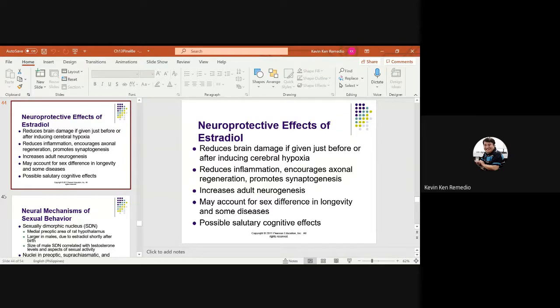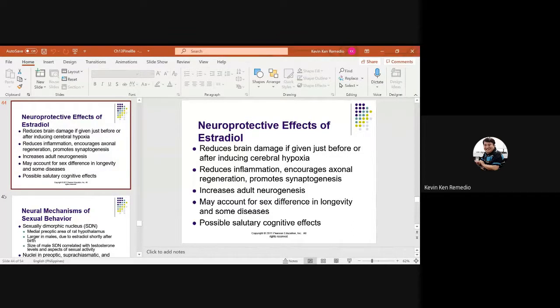Estradiol also reduces inflammation, encourages axonal regeneration, and promotes synaptogenesis. Okay? It also increases adult neurogenesis and may account for sex differences in longevity and some diseases.